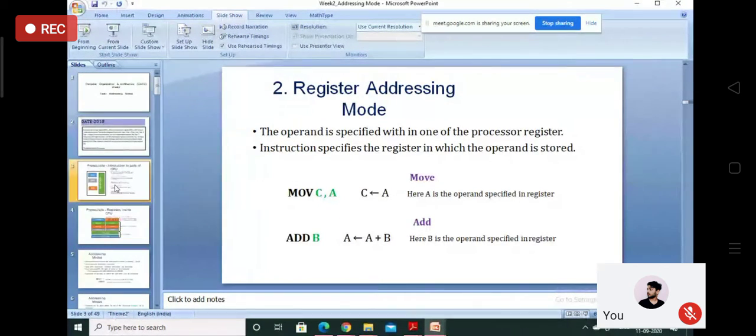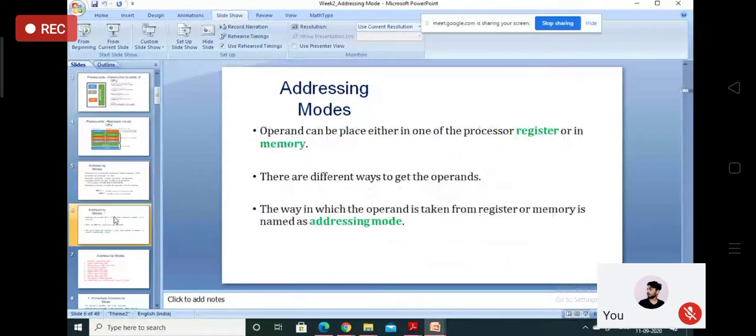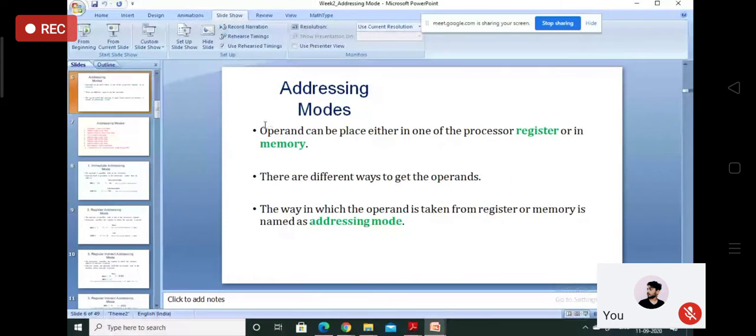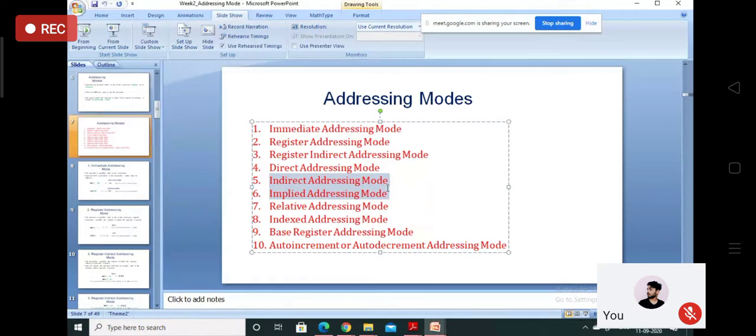That is, how many types of addressing modes are there? You see, the addressing modes are actually the way you are taking the operands from memory and the register. Okay, so there are certain types of addressing modes, like the indirect addressing mode and the indexed addressing mode.